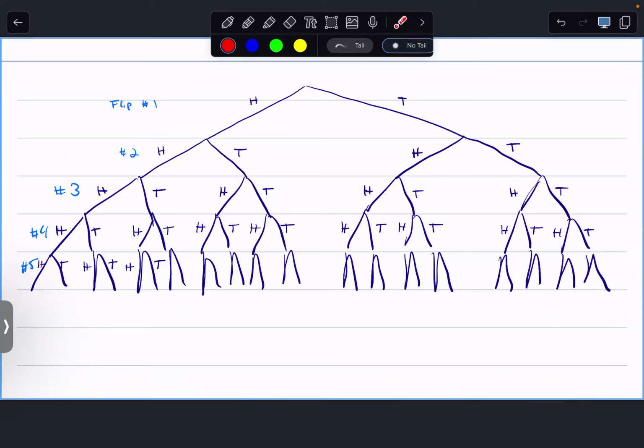Okay. So here, if I do a heads first and then I do another head, then the only option is, well, I can stop here. I can go here, but then I have 3, so then it has to be tail, tail after that.